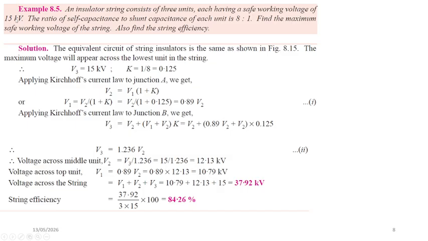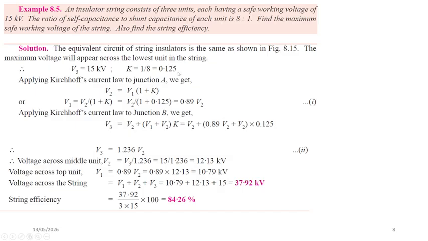Due to the presence of shunt capacitance, the voltage distribution across the units is non-uniform, with the maximum voltage appearing across the lowest unit. The ratio of self capacitance to shunt capacitance is given as 8 to 1, leading to a capacitance ratio factor K equal to 0.125.